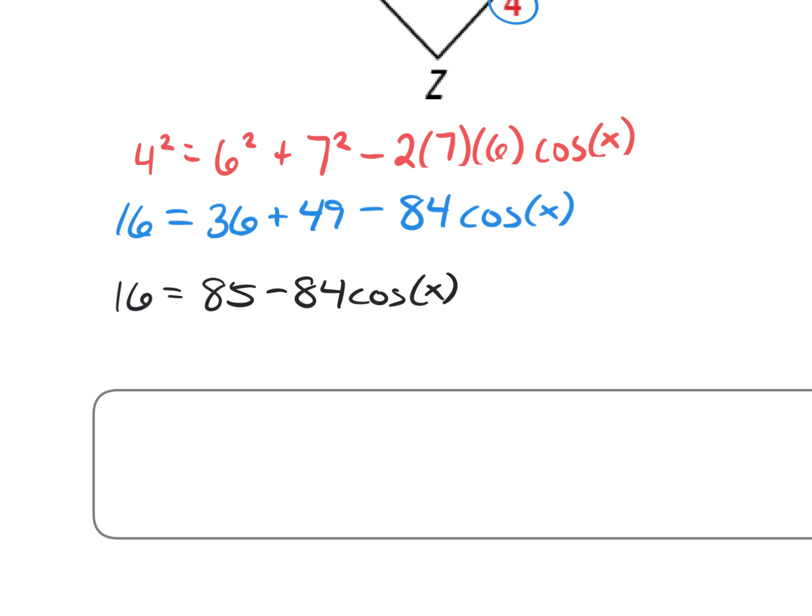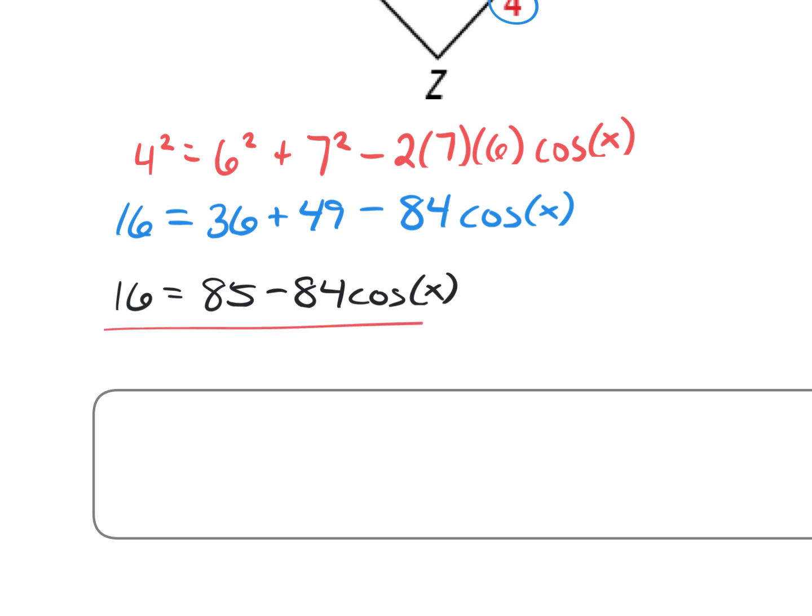Now remember, what's our whole goal right now? To find x, right? To get x by itself. So what should I do next? Right, so x is here. What do I want to do first to get x by itself? Subtract 85. Yep.